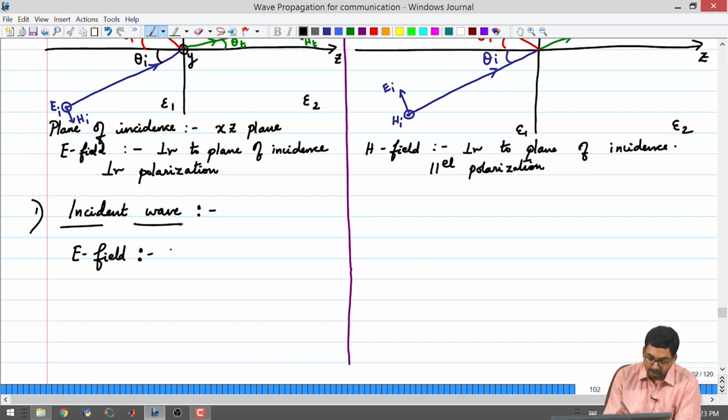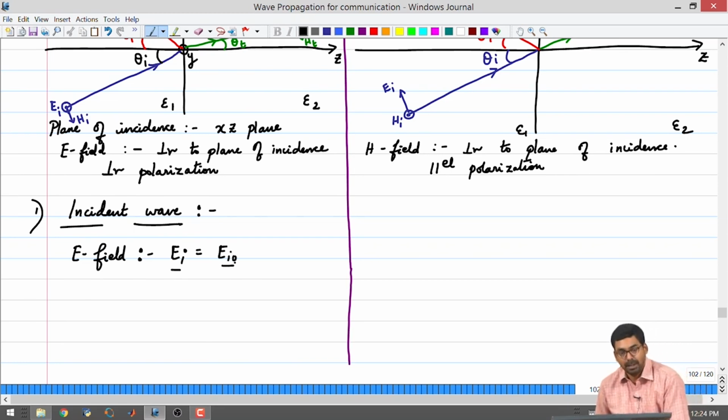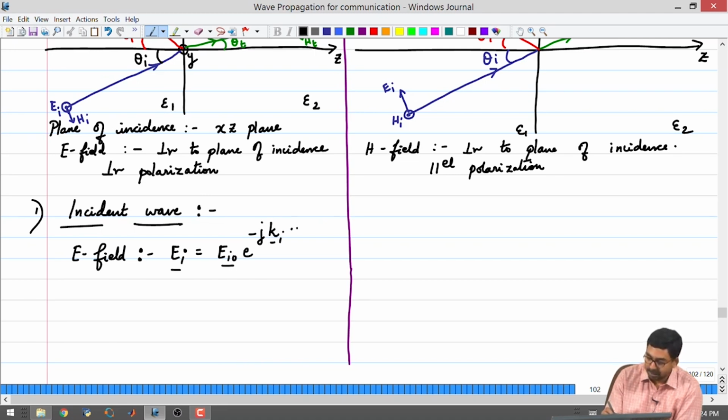Okay. So, I am denoting the electric field incident to be EI. It does have some magnitude and a direction, and it varies with respect to space as exponential minus j k I dot r.